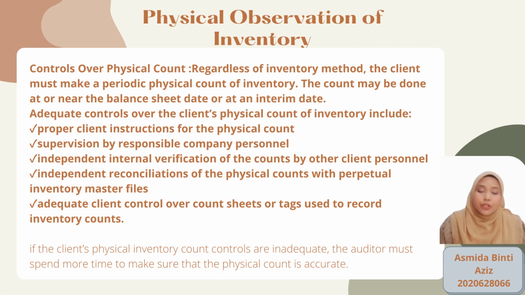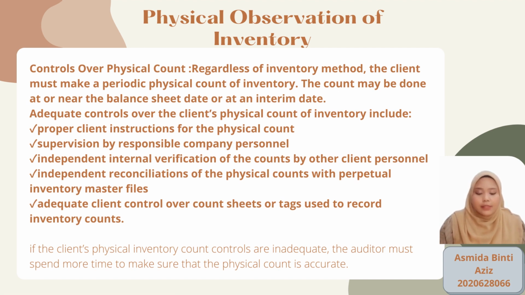Second, supervision by responsible company personnel. Third, independent internal verification of the counts by other client personnel. Fourth, independent reconciliations of the physical counts with the perpetual inventory master files. And the last one is adequate client control over count sheets or tags used to record inventory counts.